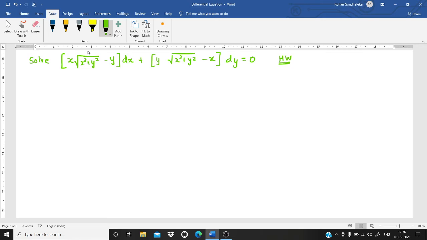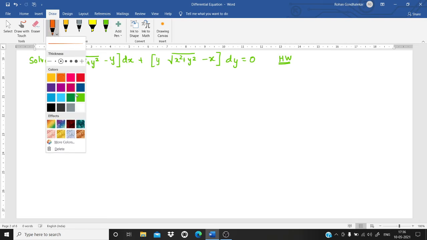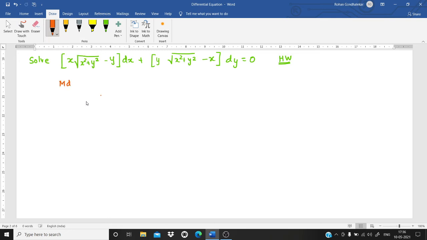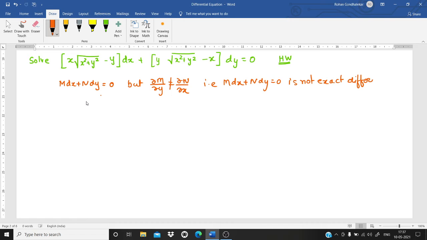Okay. Now, sometimes it may happen that the given differential equation is expressed in the form M dx plus N dy is equal to 0, but ∂M/∂y is not equal to ∂N/∂x. That is, M dx plus N dy equals 0 is not an exact differential equation. Now, why is it not exact?